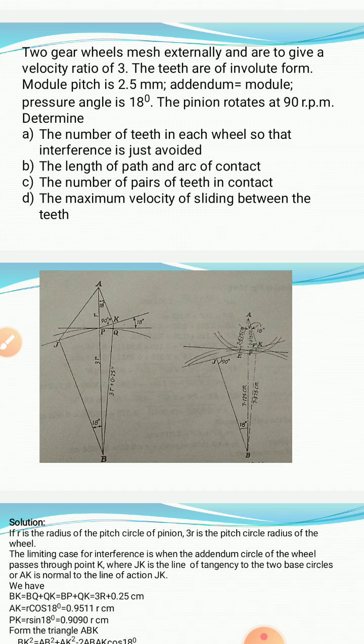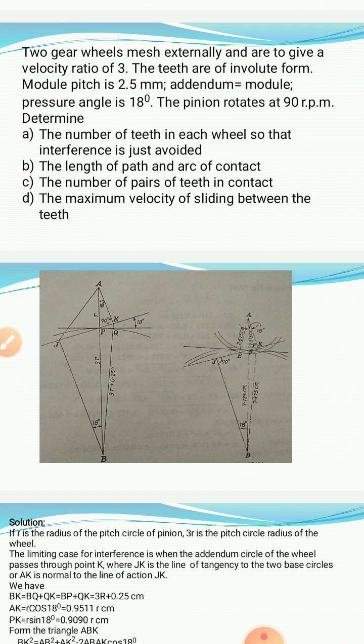And it is given that addendum is equal to module, so this addendum now becomes 2.5 millimeter. Pressure angle is given as 18 degree, and the pinion rotates at 90 rpm. They ask to find the number of teeth in each wheel so that interference is just avoided.